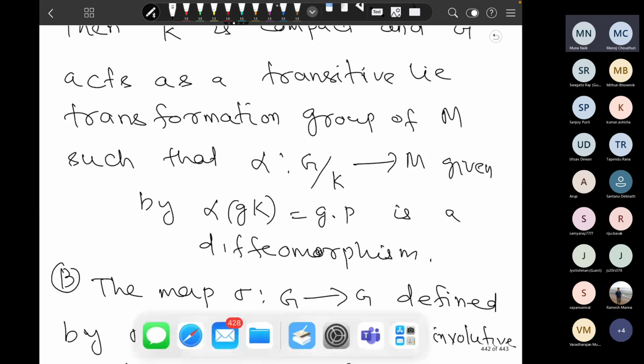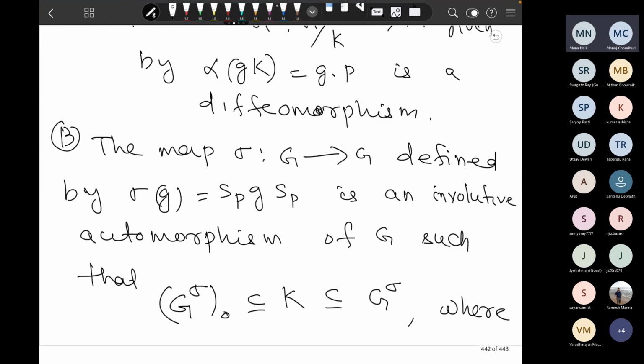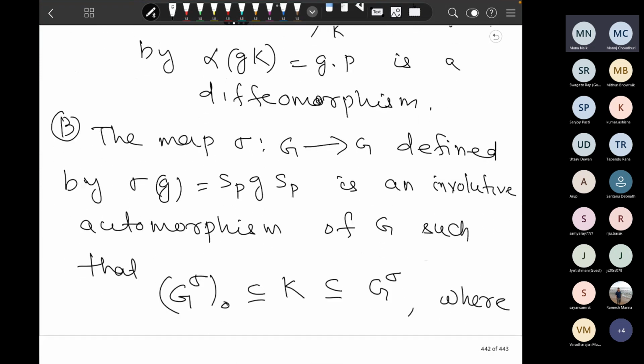In the next lecture I will define something called a Riemannian symmetric pair, and we will study that in more detail later. So we have finished two sections: classical theory, and Riemannian symmetric space definition and generality. From the next session we will pick up the Riemannian symmetric pair. With this I would like to stop, and if there is any question you can ask me.